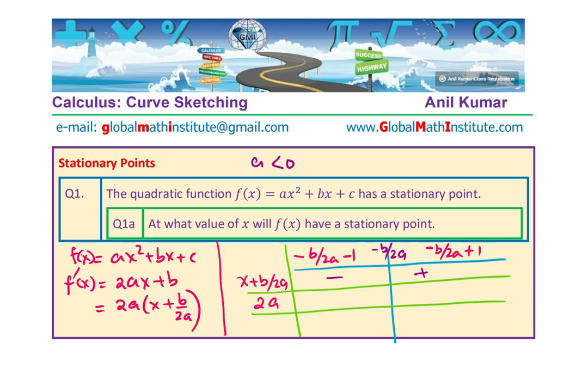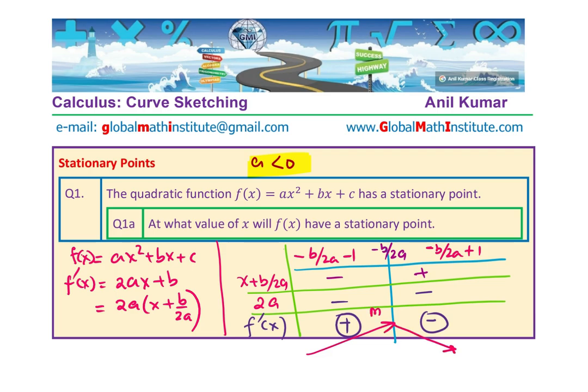But 2a, a being less than 0, will be negative always, right? And therefore, the derivative will be positive here and negative on the other side. So therefore, function f of x will be increasing and then decreasing, correct?